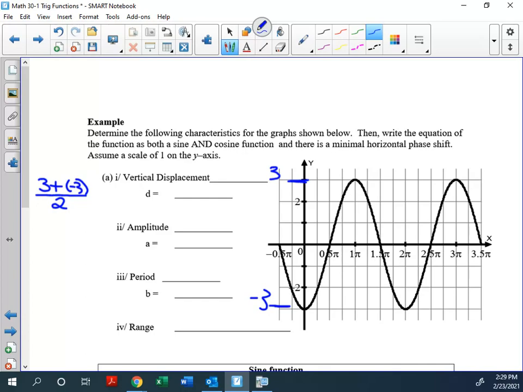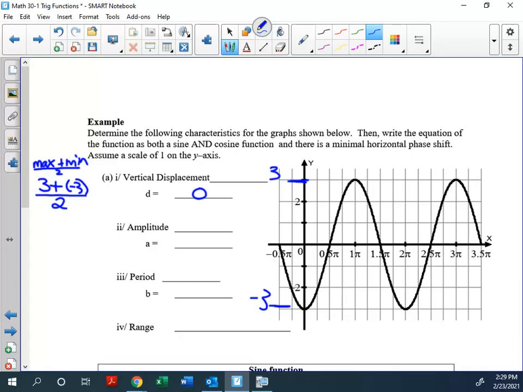So we really need to keep in mind that for D, we use the idea that it's the average, it's the center. So I add my max and min divided by 2, and of course we can kind of see the middle's at 0.